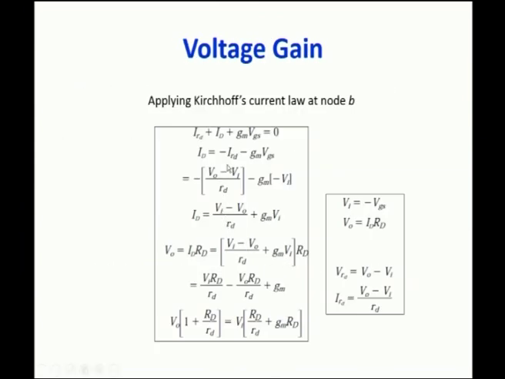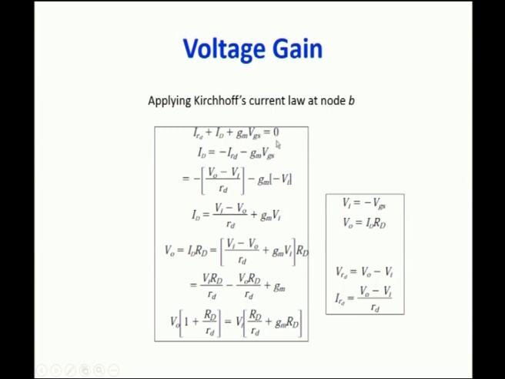Okay, since we have got the relationship between Io and ID, it has only been taken as ID. So, I_rd plus ID plus gm VGS is equal to 0. So, all the currents are flowing towards the node, so everything becomes on the same side, that is the left hand side.